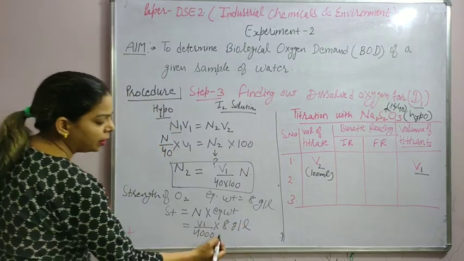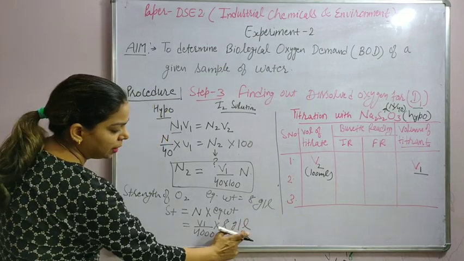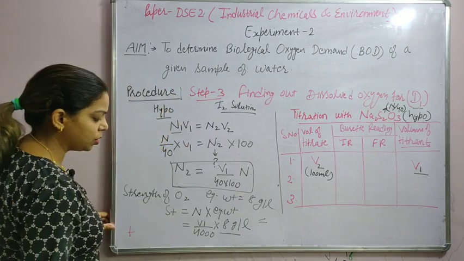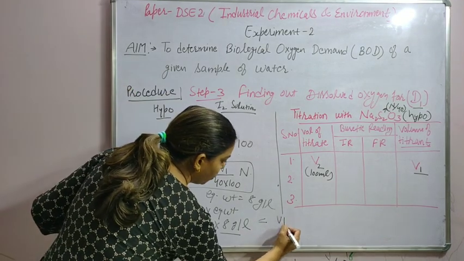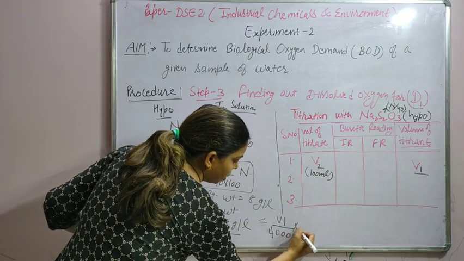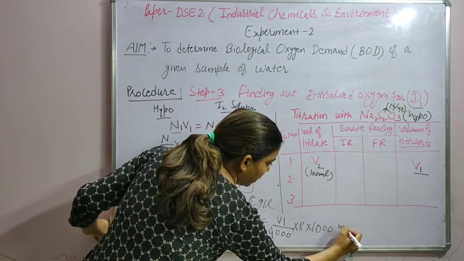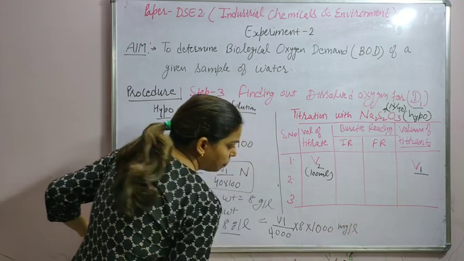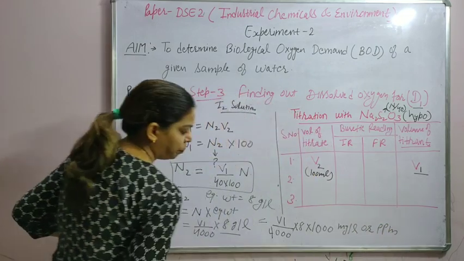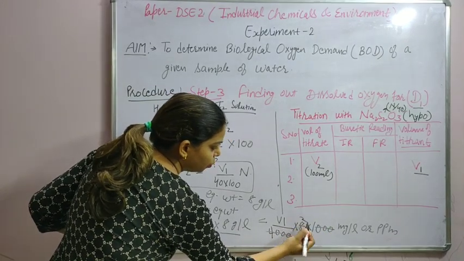We can convert it into ppm or milligrams, so we can simply multiply this factor by 1000. If I multiply it with 1000, this will be V1 by 4000 into 8 into 1000 milligrams per liter or ppm. So this cancelled out. This is 2.